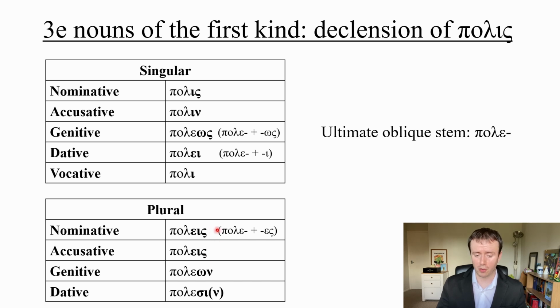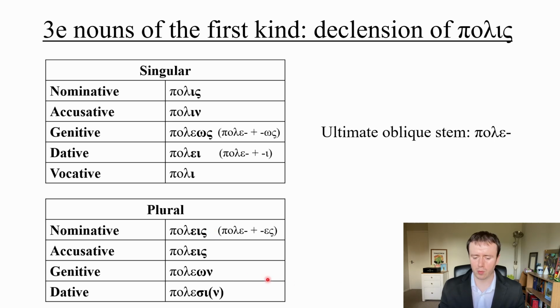It's just borrowed the nominative plural form, which means that 3E nouns are visually identical in the nominative and accusative plural. We will need the context or the definite article to tell whether it is nominative or accusative plural.